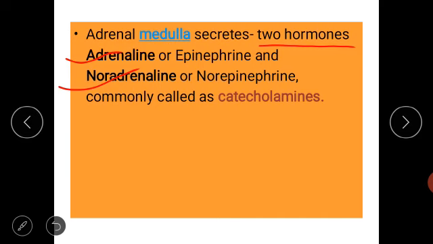These two hormones are produced by the medulla, the middle tissue of the adrenal gland, and both hormones are commonly called catecholamines. It's the common name for adrenaline and noradrenaline. The alternate name of adrenaline is epinephrine, and noradrenaline is also called norepinephrine.